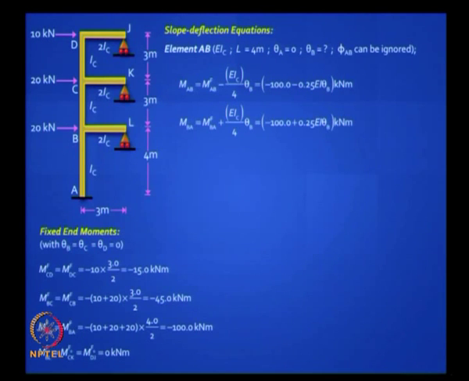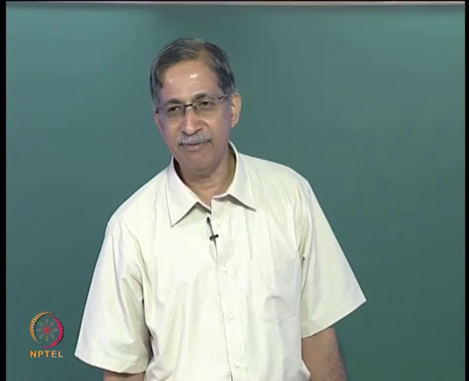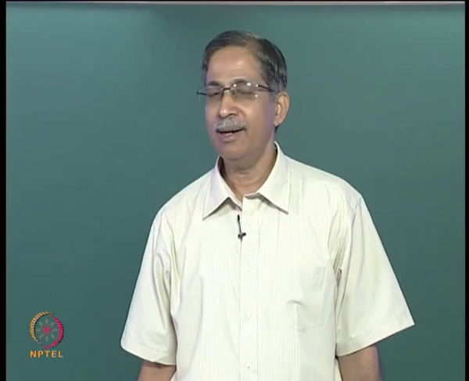When you take the next element, BC, will you write down the slope deflection equation for BC? You will get contributions from theta B and from theta C. So that is all. Once you get the hang of it, you will find it is a very, very powerful shortcut method of solving such problems. Write for the element BC.